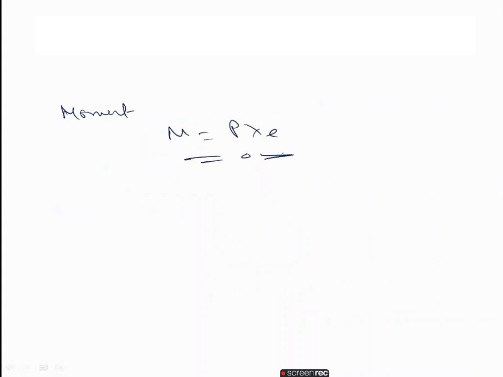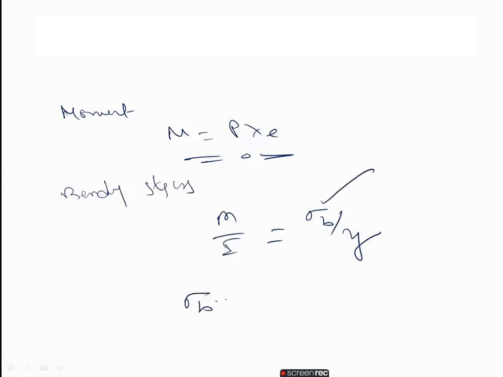Okay. Now the bending stress is given by, we know the bending stress formula: M by I equal to sigma B by Y. So now we need sigma B. So sigma B equal to M by I into Y. But where will we get the maximum bending stress, we know already.